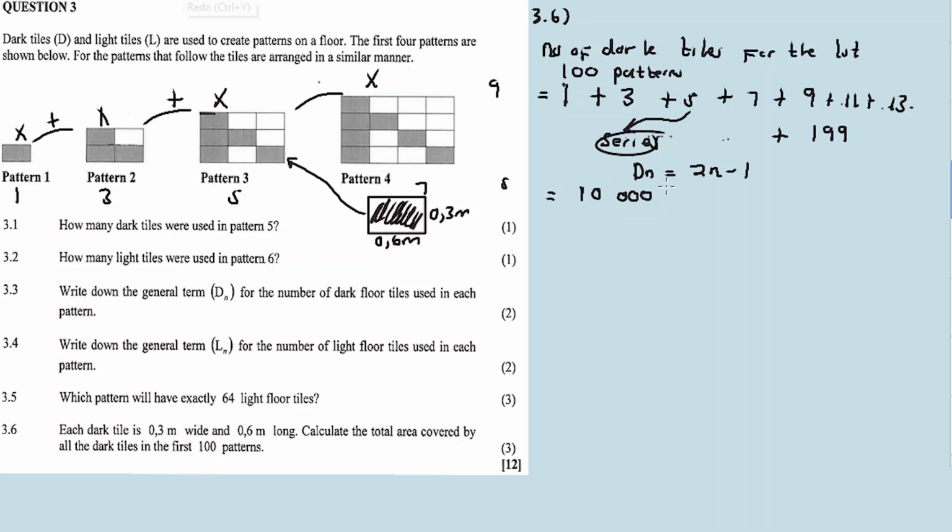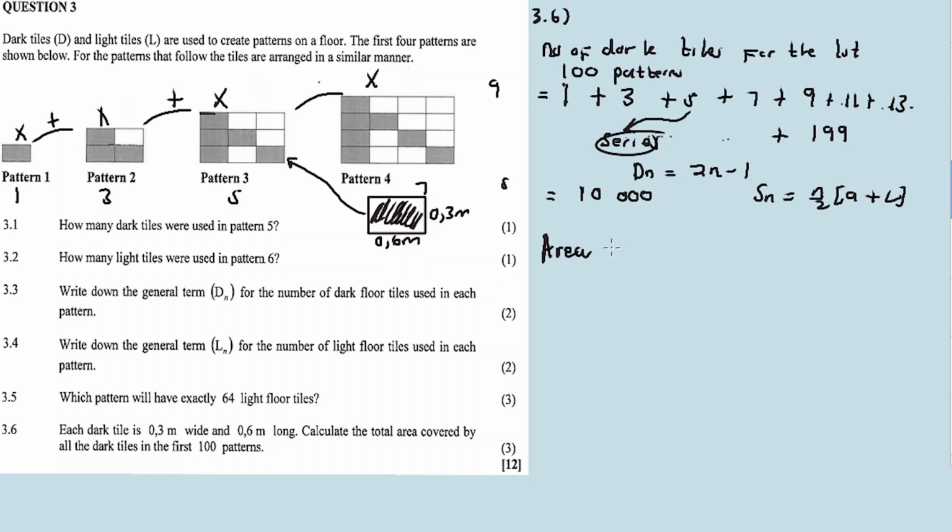So at grade 12, this is easy stuff. You just use a little formula and plug in your values. It's Sn equal to n over 2 times a plus the last term. Plug in and it gives you 10,000.